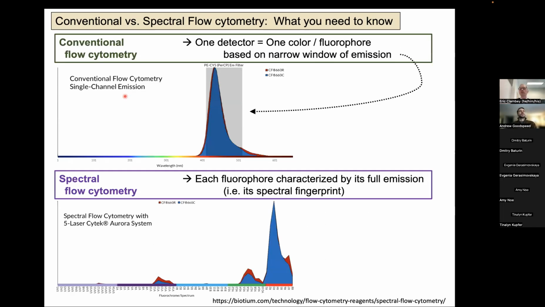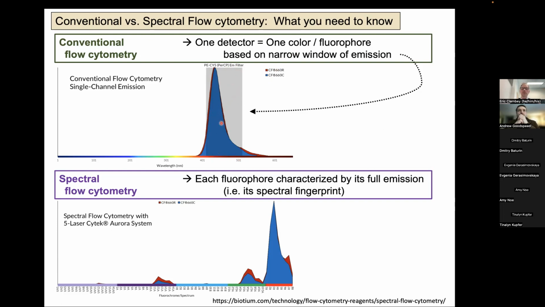Okay. So conventional flow cytometry, as the name implies, has been around much longer than spectral flow cytometry. The basis of this technology is that the instruments have multiple detectors that detect light emission from fluorophores. Here, for example, this gray box is a detector that detects light emitted between approximately 420 to 500 nanometers.